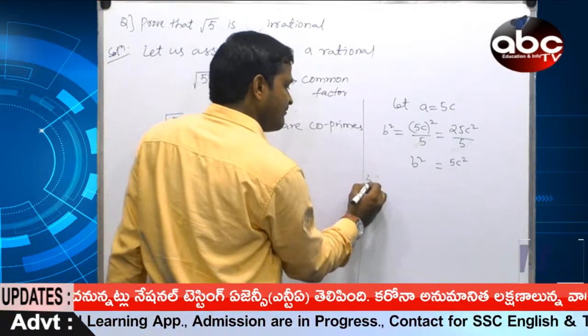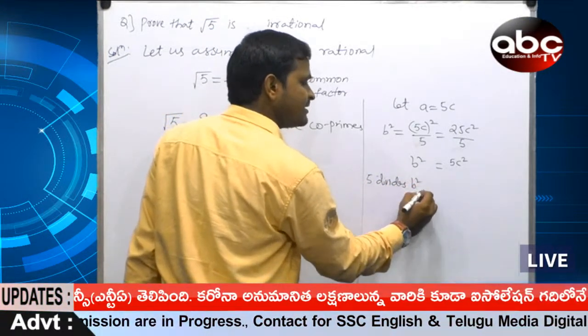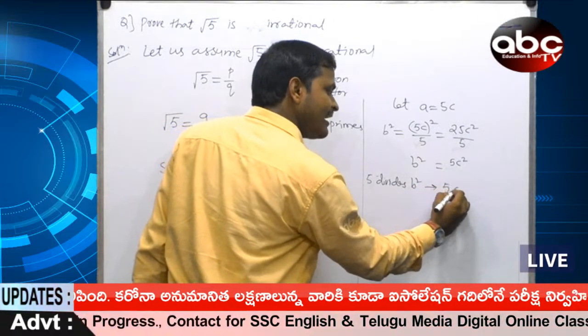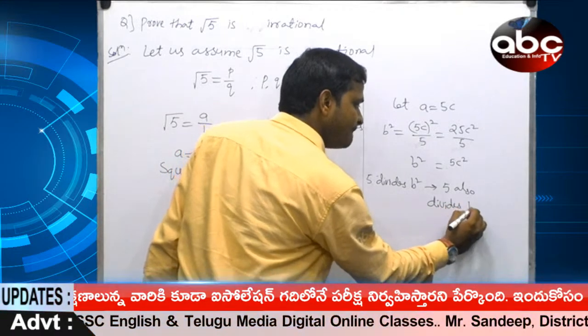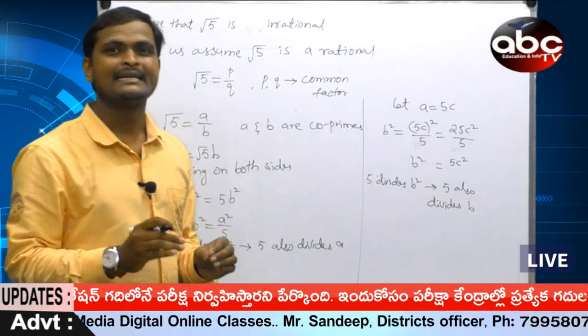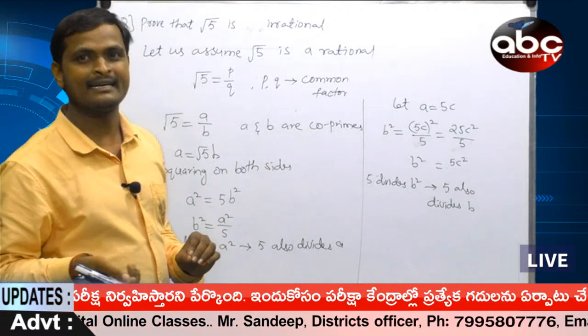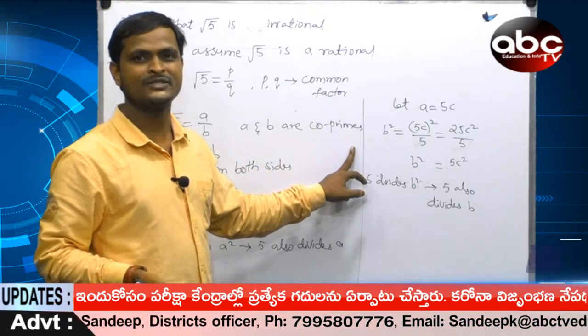Means 5 divides b square, then 5 also divides b. When any number divides, there is a common factor, but here a and b are co-primes, right students?